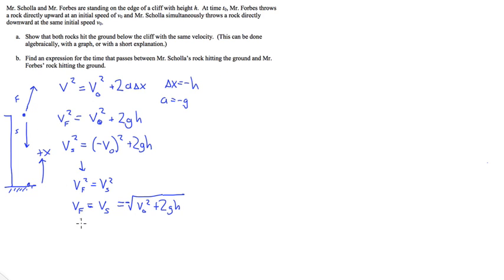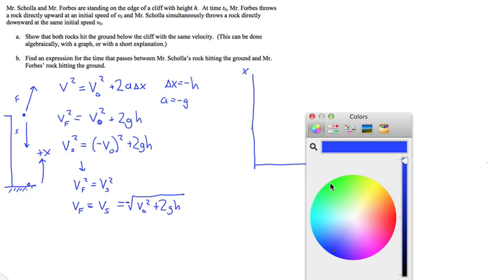With a graph, what you can do here is make a plot. Here's the ground, here is x vertically, and there's time. I'm going to do Forbes's rock in green, just because I feel like it.